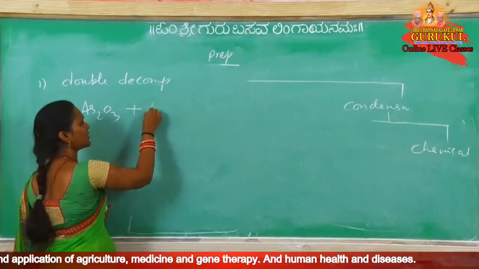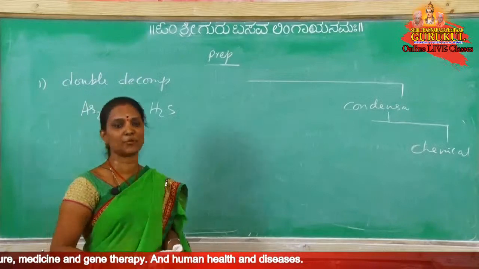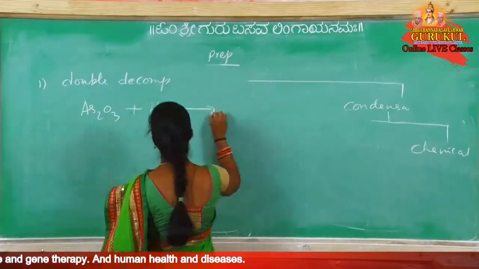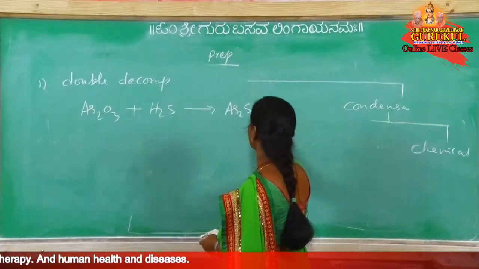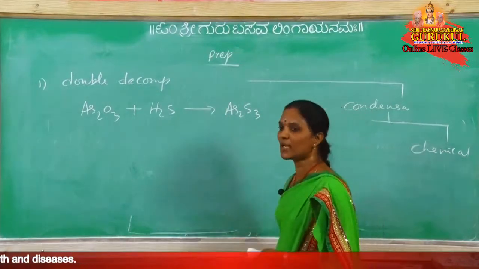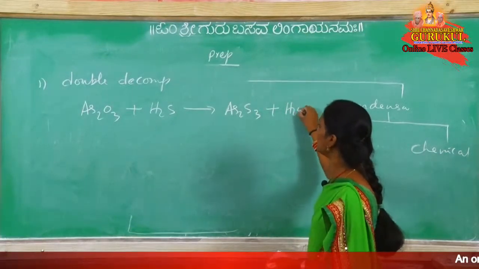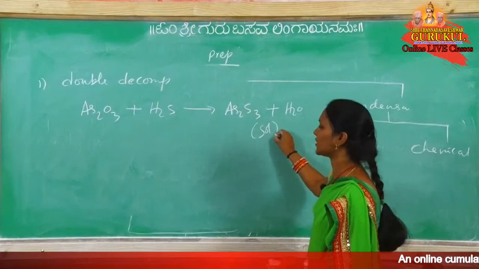As2O3 is treated with H2S. As2O3 decomposes, H2S also decomposes, then it changes to As2S3. Arsenic oxide reacts with hydrogen sulfide, and the product obtained is arsenic sulfide plus H2O. Now it is a colloidal solution.